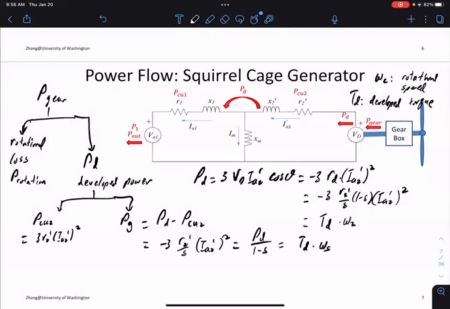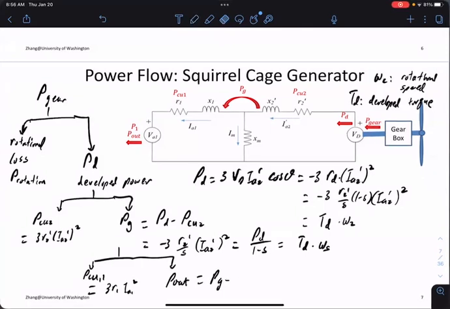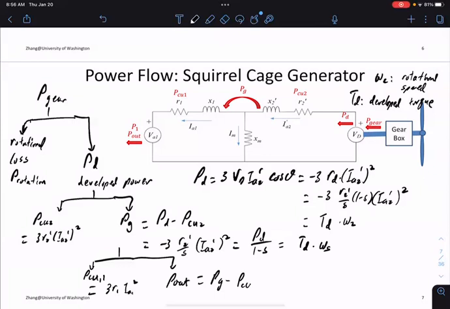Then after this is just PCU1, which is 3 R1 IA1 squared. This is the output power now. This is PG minus PCU1.